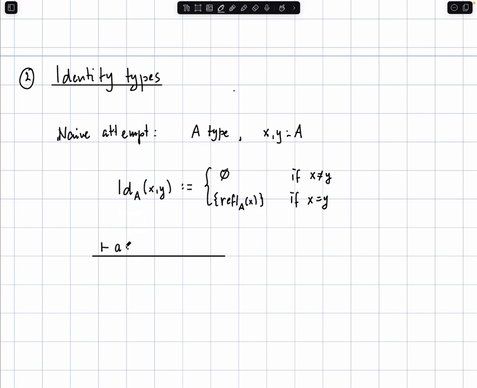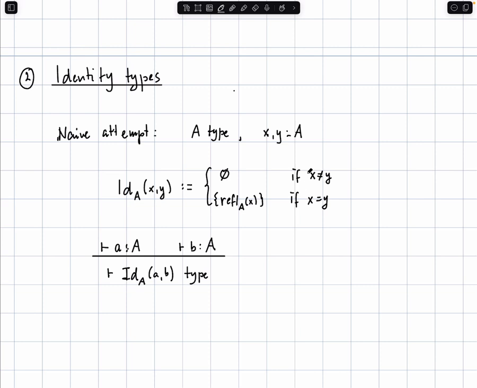I'm not going to call them x and y now, because then people might think they're variables, but they're really terms, meta variables. So if you have a in A and you have b in A, then you can form a type, which we'll call id A a b, and it's a type. Right at this moment, we don't know what the elements are, other than that there's a construction called identity type.